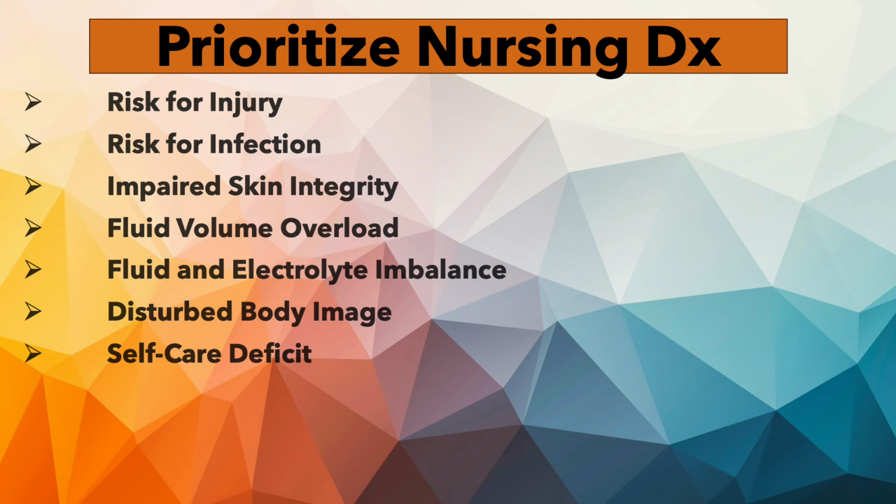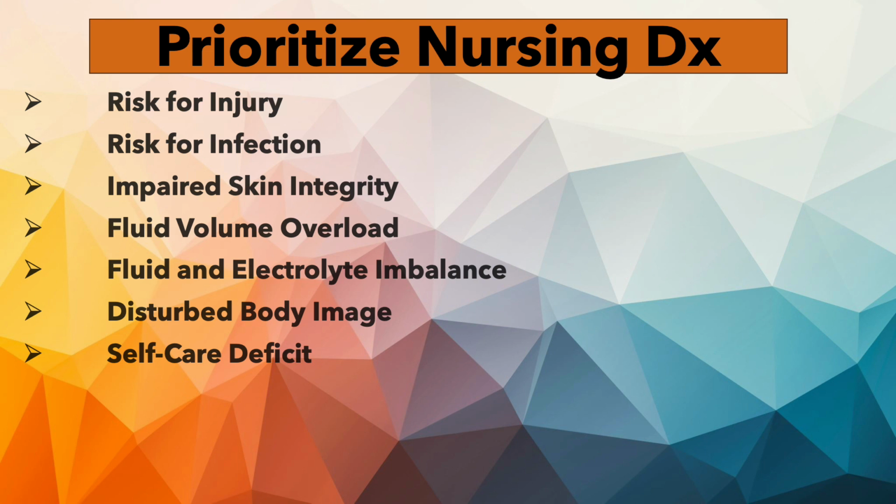So we will be centered around priority problems, and the first one is a risk for injury. Risk for injury is based on the presentation of the patient. We usually deal with risk for injury related to weakness because, as we said before, too much cortisol disrupts the calcium deposits into the bone.